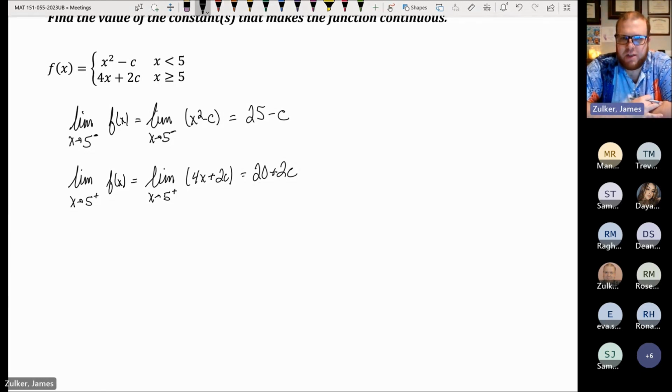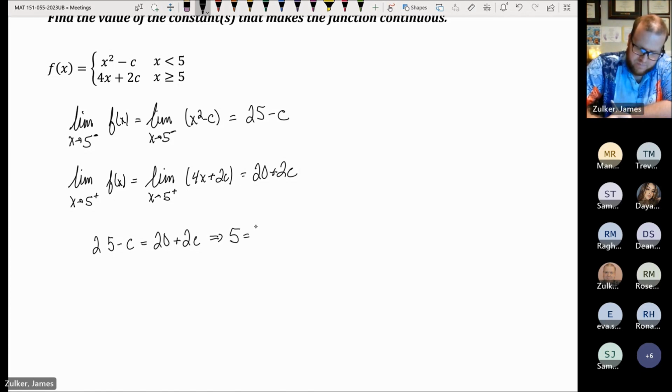Now set them equal to each other. Solve for c. Subtract 20, add c. We get c is 5/3.